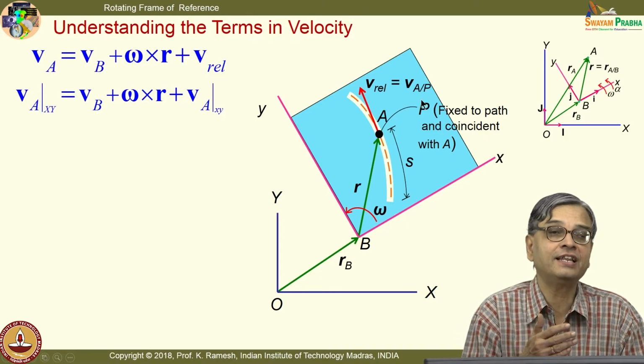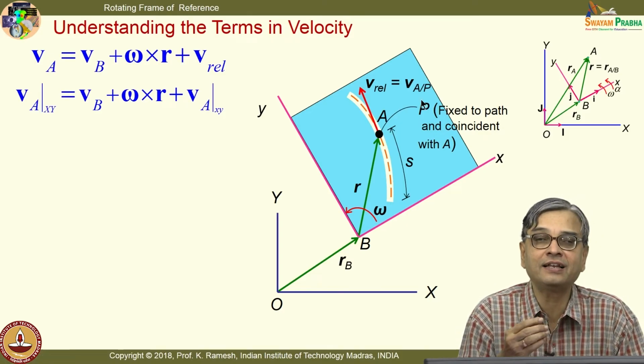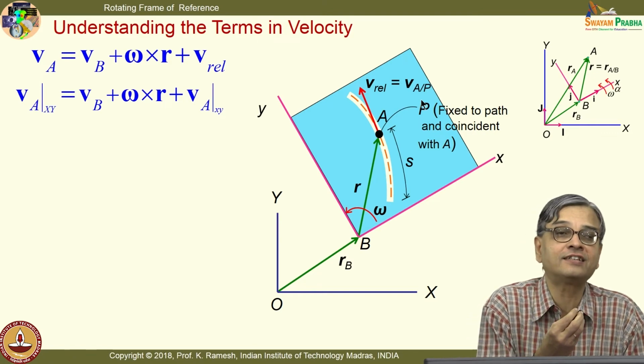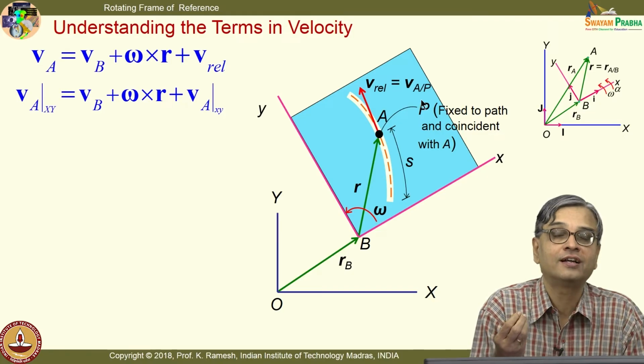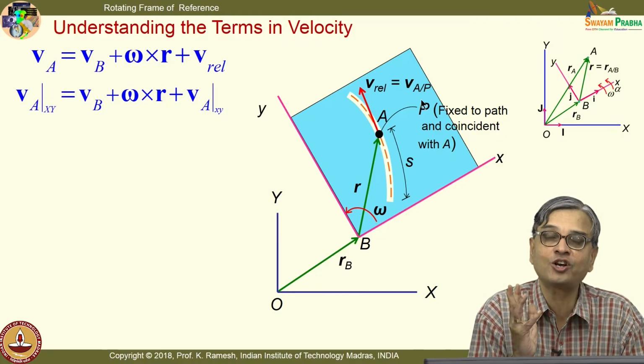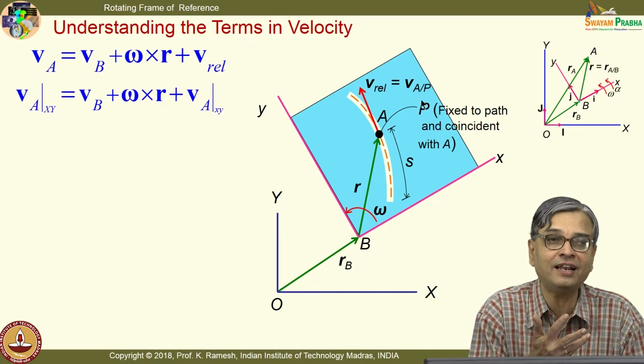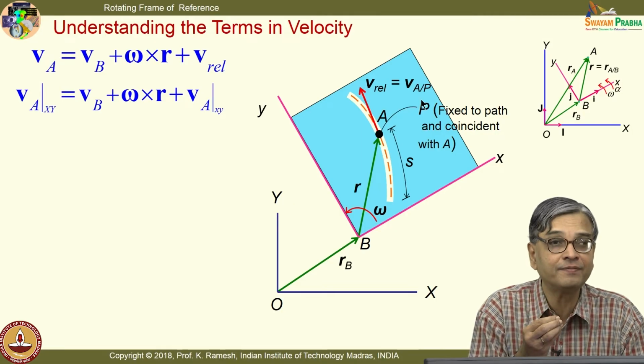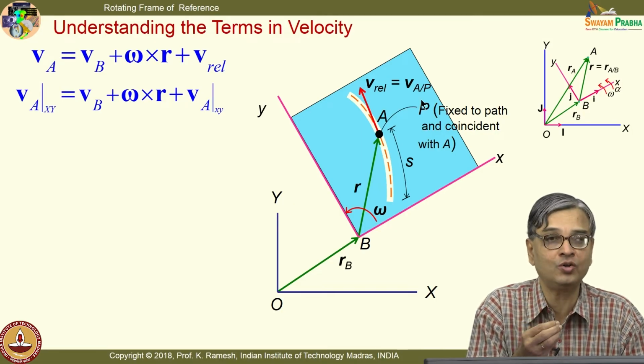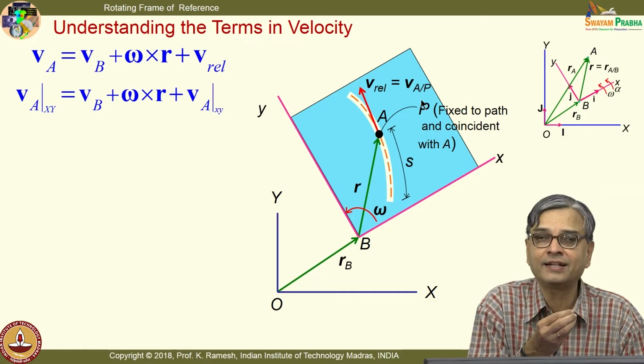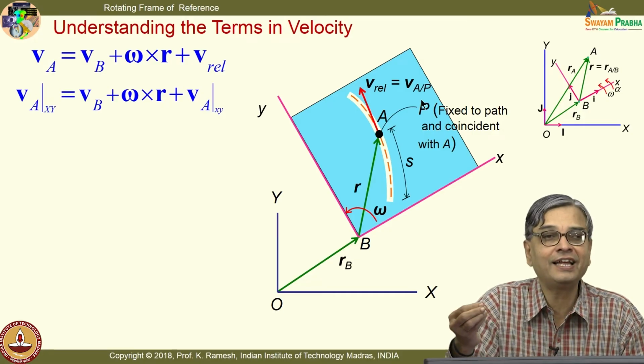We have already seen when I had the particle freely moving, I was not recognizing that this is moving linearly in a slot. But when I make the disk with the slot rotate synchronously with the particle, I could perceive, because the motions were slow, that the particle is moving linearly on the slot.